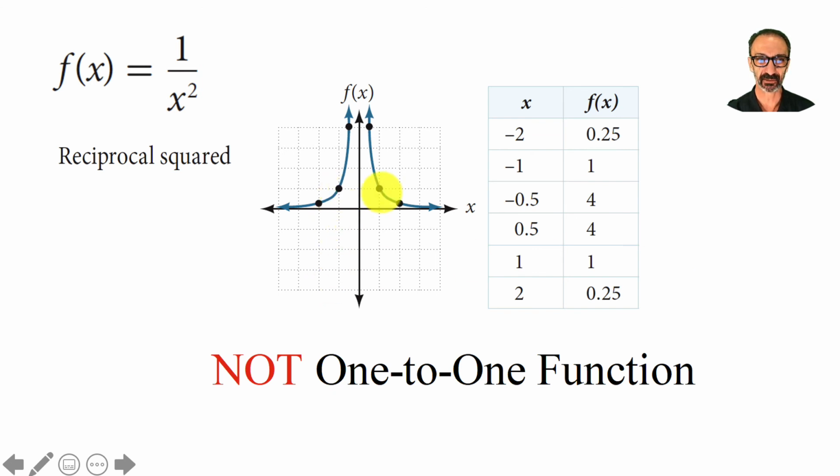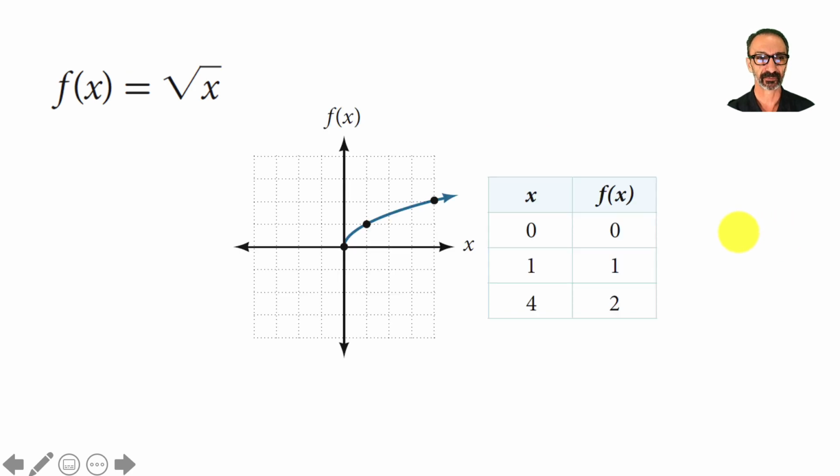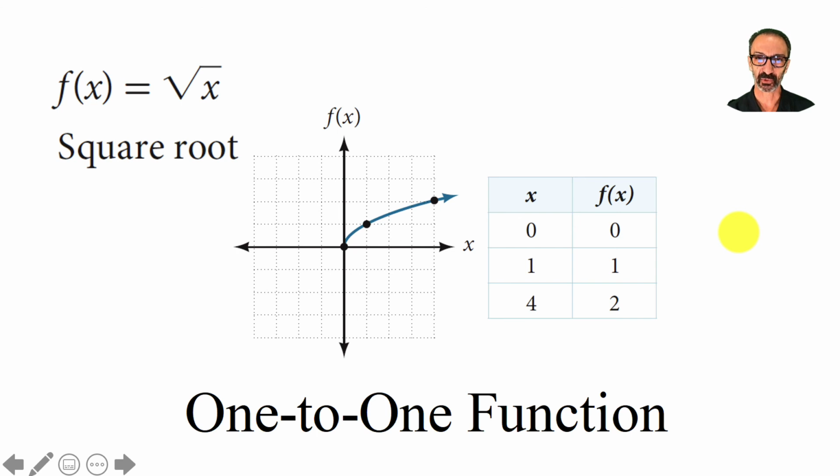Clearly, you could see right here, 2 points through a horizontal line. You could see that 0.25 is coming from 2 and 0.25 is coming from -2. That's not one-to-one. Square root of x is a one-to-one function.